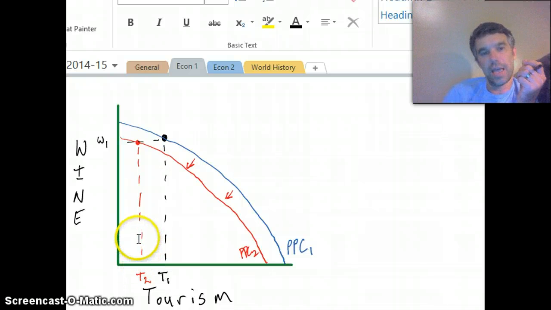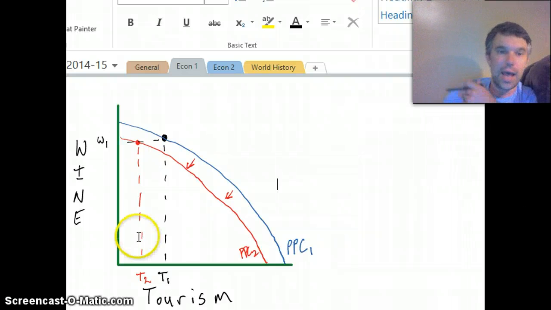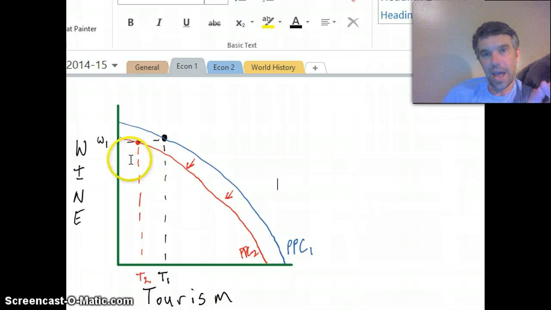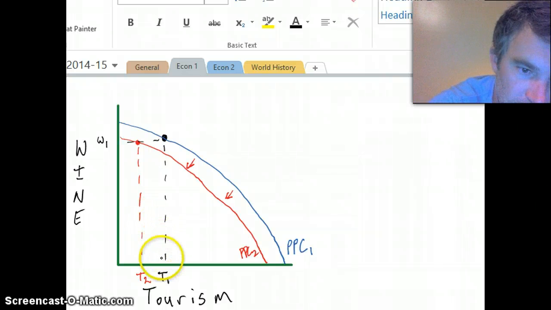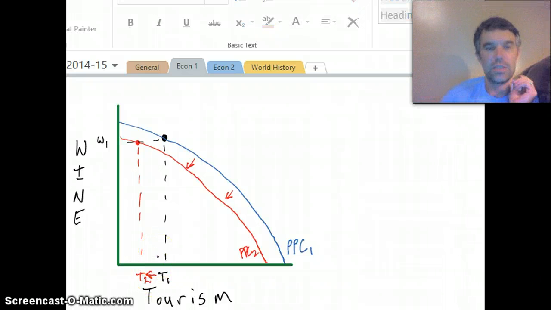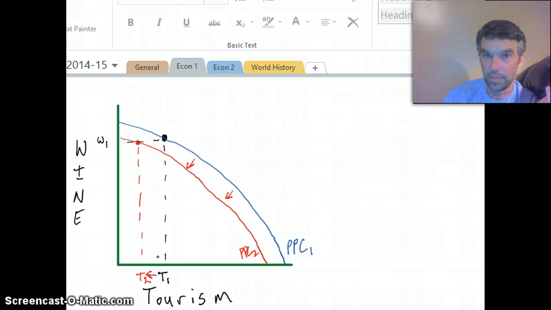So now I can say, if Napa wants to continue to make W1 amount of wine, they have to reduce the amount of tourism they can produce to T2. So I might here too just show a little shift, that T1 is going to move over to T2 for them to continue to produce the same amount of wine.